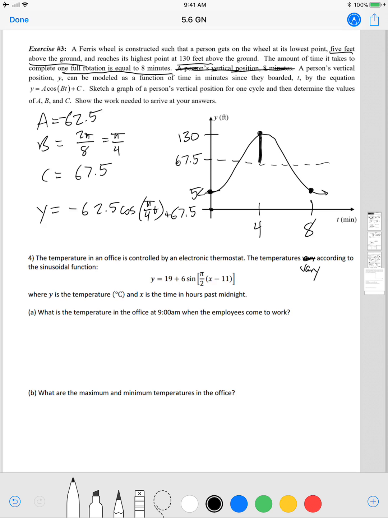A fun aside, sinusoidal, one of my favorite words, is in fact connected to the word sinus. Sinus is Latin for a curve, and when they translated the works of the Greeks and the Arabs on trigonometry, they used the word sinus to describe the curves, these graphs, the waves.